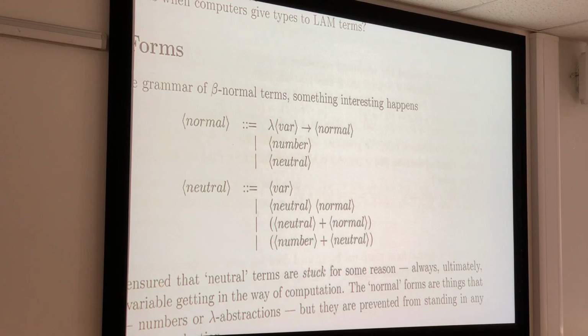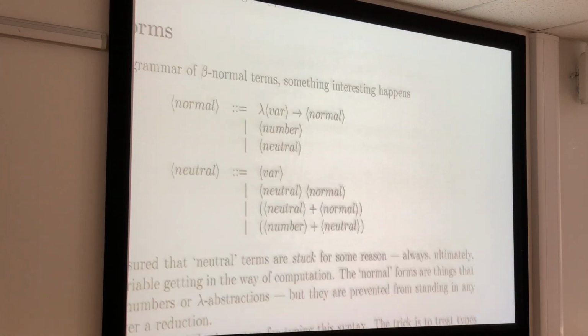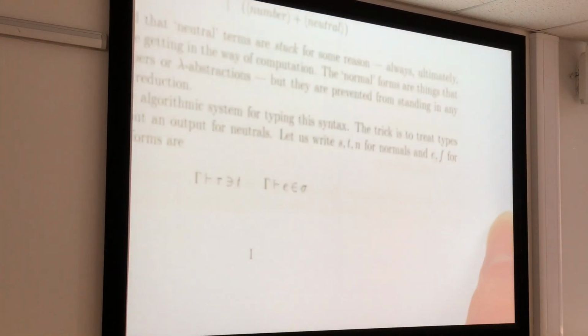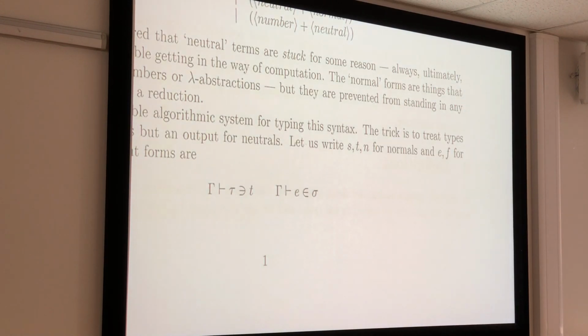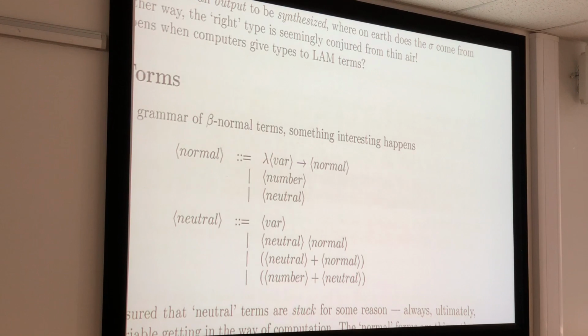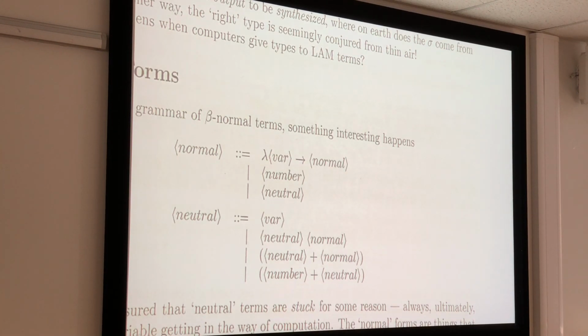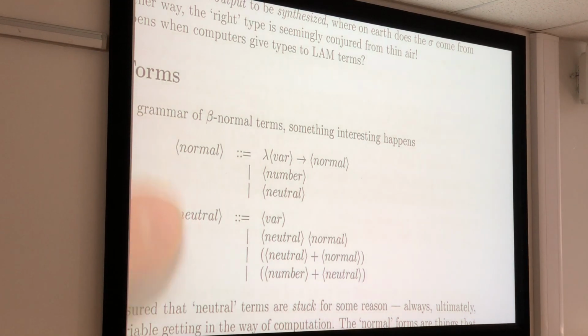Okay? The marvelous fact is that for terms in this grammar, you can always do type checking for the normals and type synthesis for the neutrals, and you will never have to make anything up by magic.